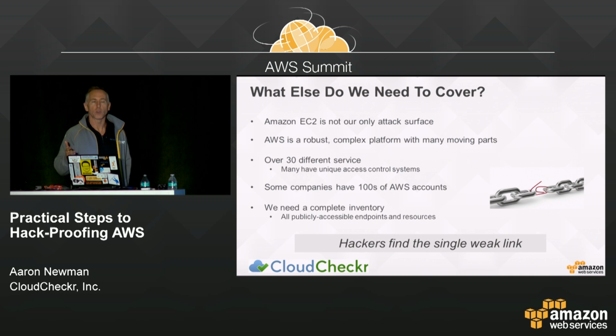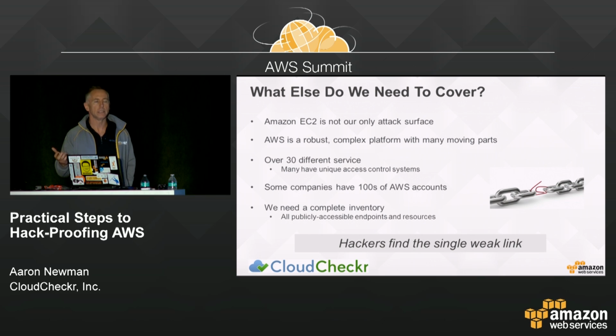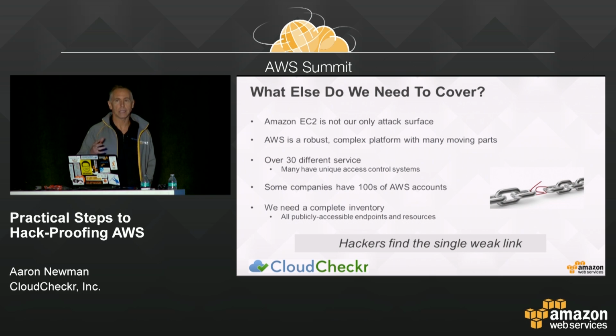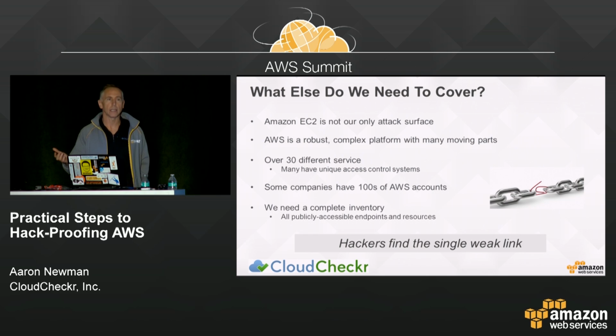He's not going to go after where your strength is. He's going to go after your weakness. So if you've locked down EC2, done all your penetration tests, all your vulnerability scans, done a great job there, but you totally forgot that S3 was a whole different subsystem with all this valuable data, that's where the attacker is going to go after. So think through not just what's my attack surface for EC2, but what's the rest of the attack surface? Where's the weak link somebody can identify and go after?